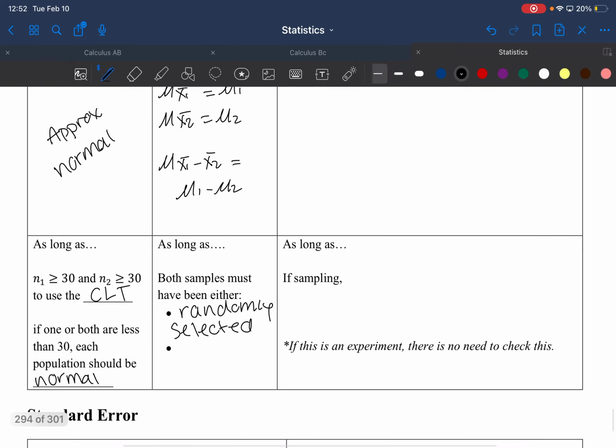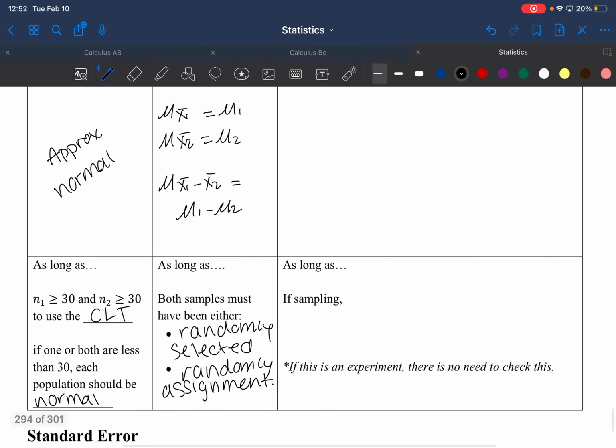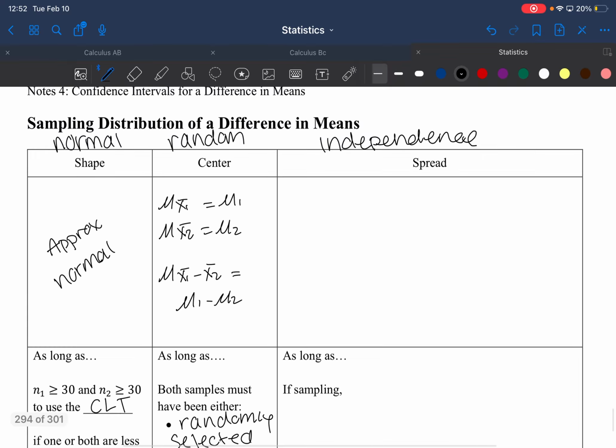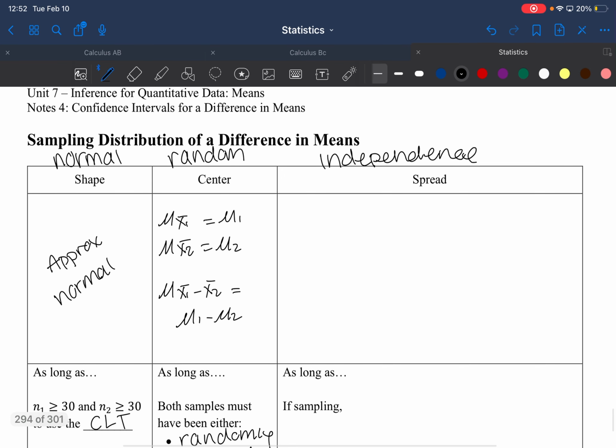Or what's the other one? Randomly assigned, and we would know it's randomly assigned if we were dealing with what? An experiment. Okay, so again, just to recap, I don't know how many times we've probably written these conditions down in every notes.